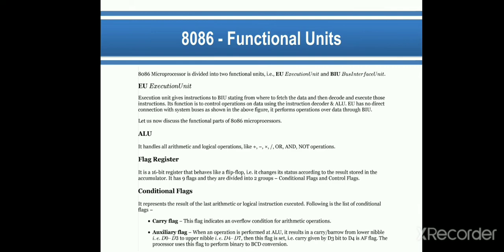First of all, I have already told that EU means execution unit and BIU means bus interface unit. First, the EU. The execution unit gives instructions to the BIU stating from where to fetch the data, and then decodes and executes those instructions. Its function is to control operations on data using the instruction decoder and ALU. The execution unit has no direct connection with the system buses.